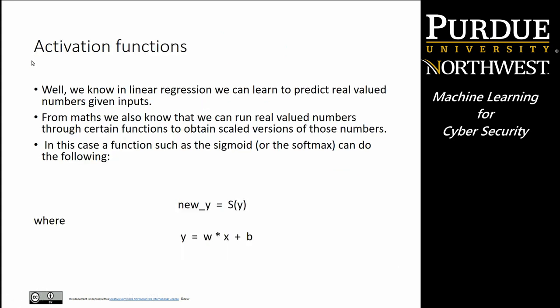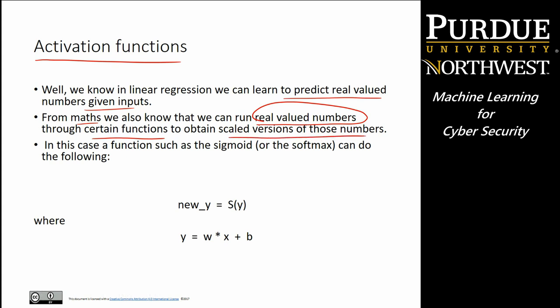So we are going to have to use activation functions for this, like the sigmoid function. So here's another element that we throw into this equation. So we know in linear regression we can learn to predict real valued numbers given inputs. All right? And then for math, we also know that we can run real valued numbers through certain functions to obtain scaled versions of those numbers. That's something we just know. Right?